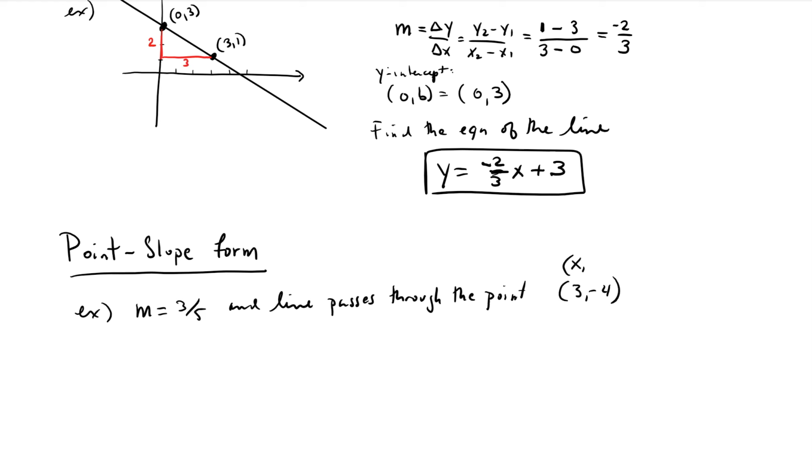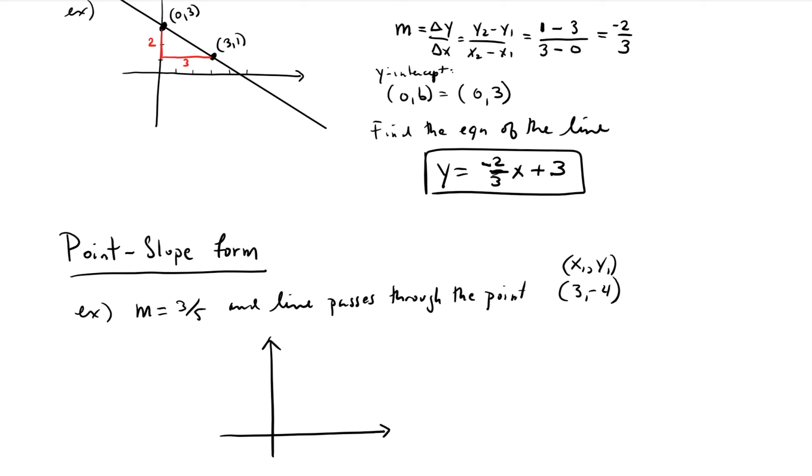So I'll call that (x1, y1). Okay, so its values are fixed. And what I'd like to have is an equation involving x and y that could be the coordinates of any other point on my line.